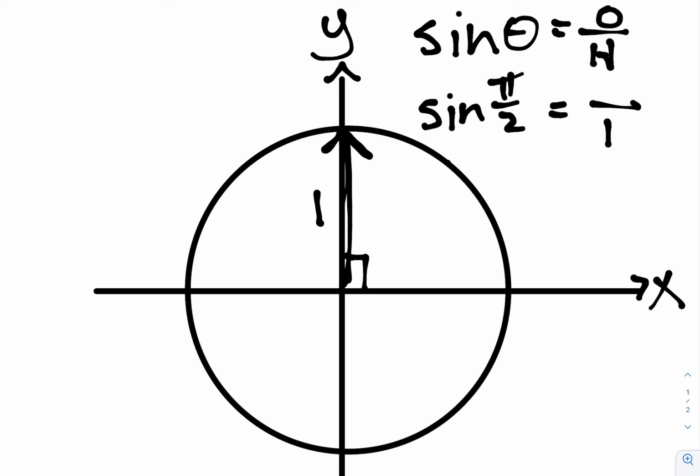The height of this thing is the exact same as the radius because kind of like with cosine 0 only going to the right, sine of pi over 2 only goes up. So the whole component of this arrow is going in the vertical direction, so its opposite side is going to be 1. So the sine of pi over 2 is 1.